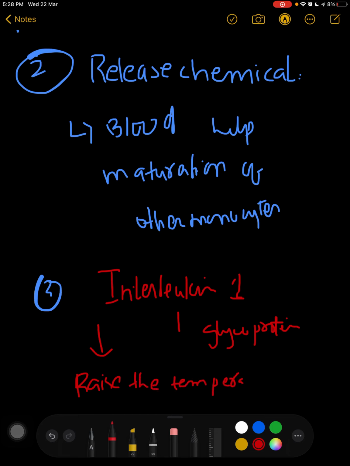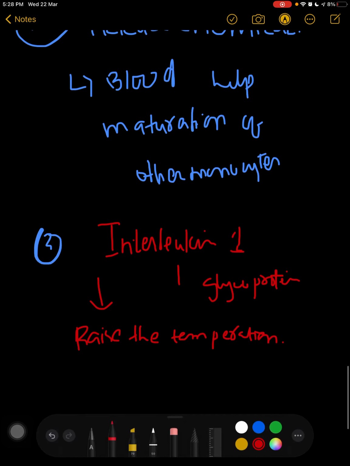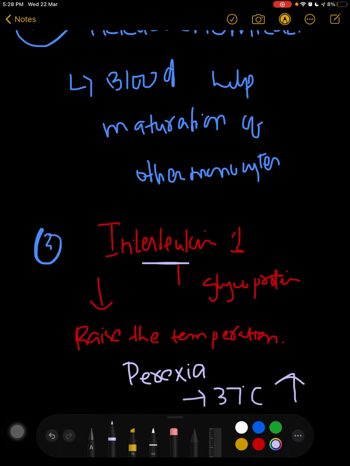In medical terminology, this condition is known as pyrexia, right? Our normal temperature is 37 degrees Celsius, but it increases due to the secretion of interleukin 1. We will be discussing this in the fever response of the second line of defense, right?